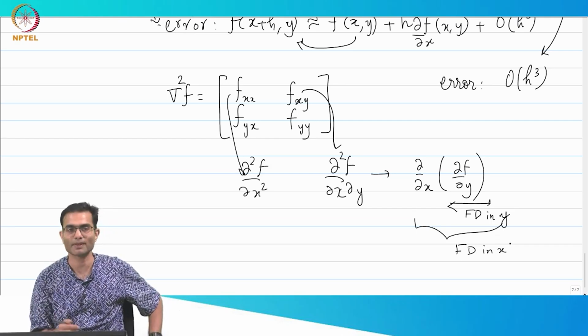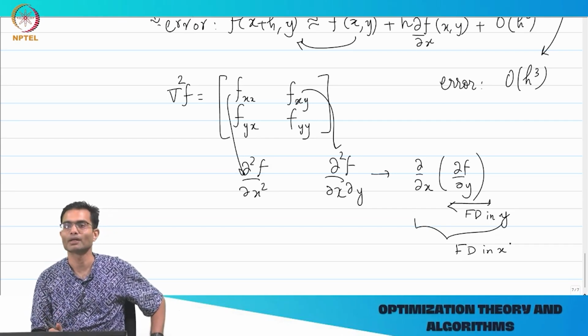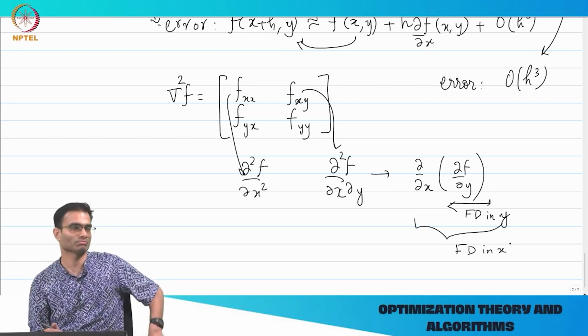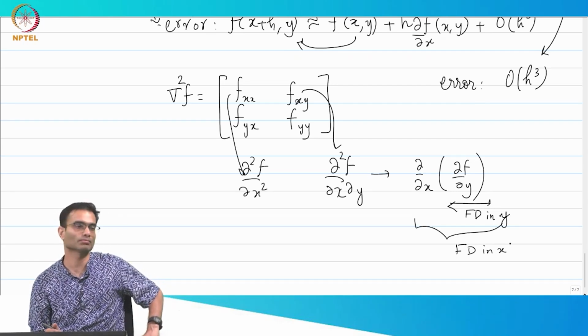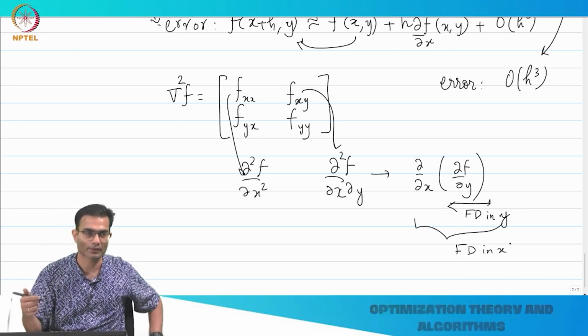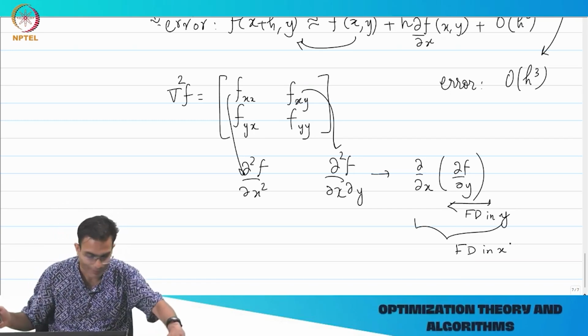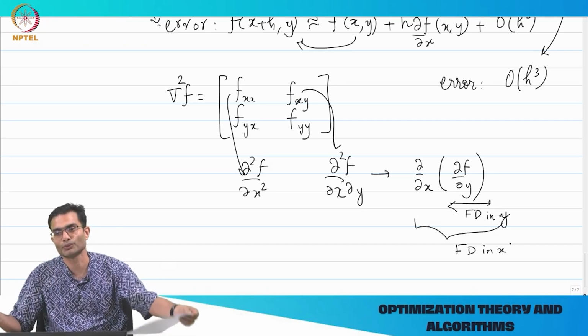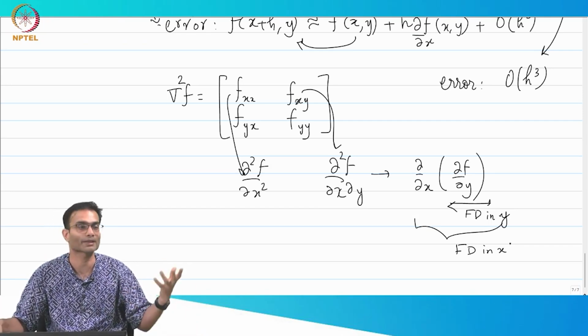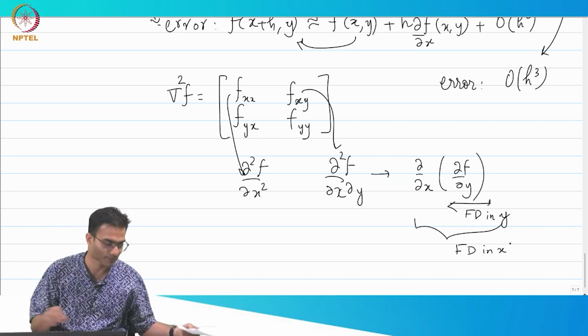That is the price you're paying, and this is a simple toy illustration in 2D. Real life problems will have a few 10,000 or a few lakh or a million dimensions. Good luck. So you don't find much use of Newton methods in machine learning or data science, big data applications for this reason.